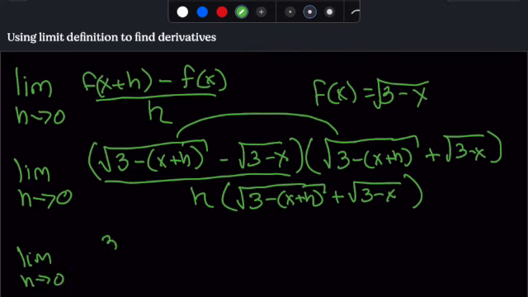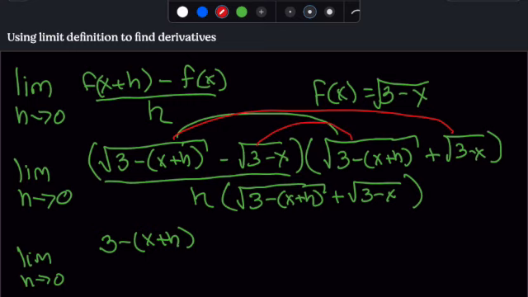The first one would be 3 minus x plus h. And if you look here, when we multiply these two terms, we get a positive version of it. And then when we multiply these two terms, we get a negative version of it. Well, an apple minus an apple just goes away. So if you want, you can write them, but you'll see that they cancel out eventually.